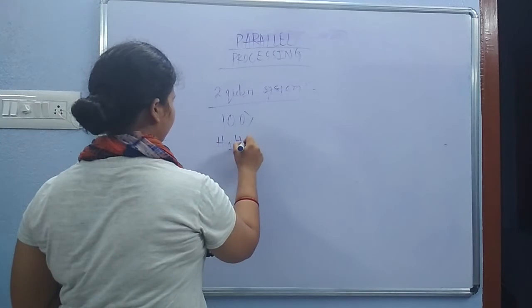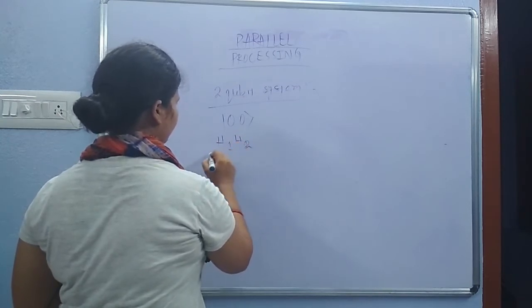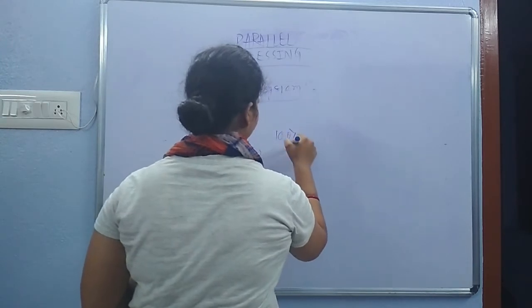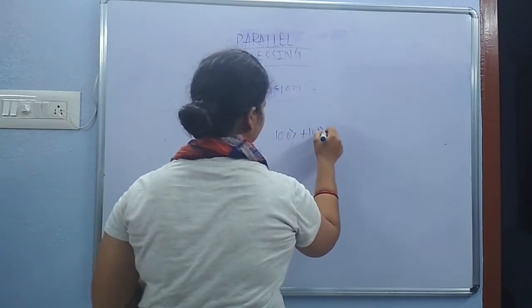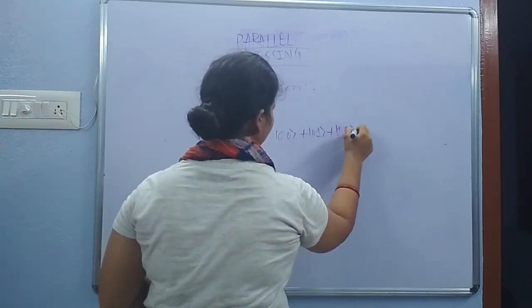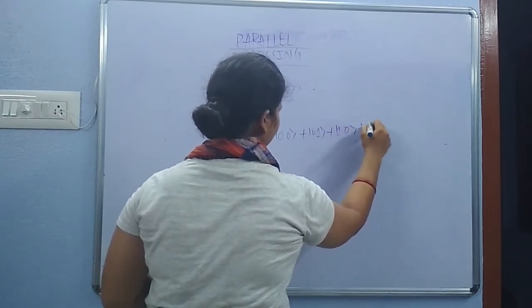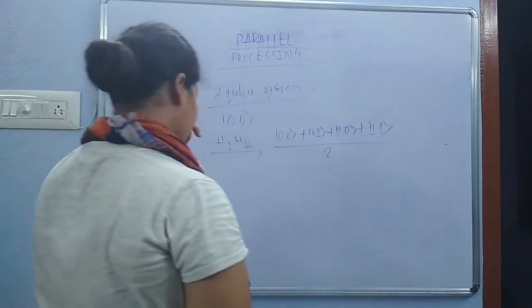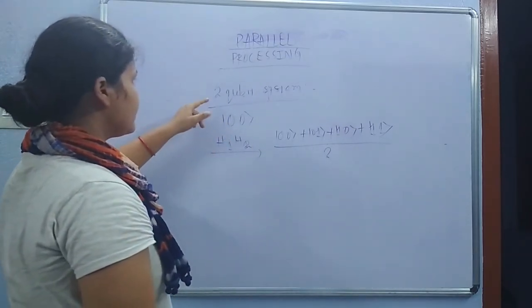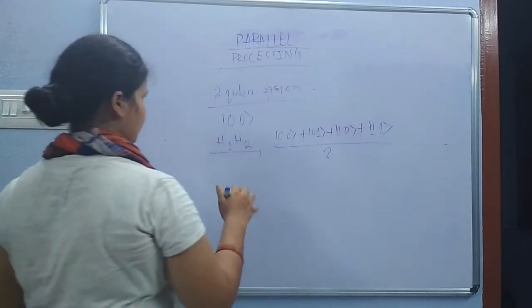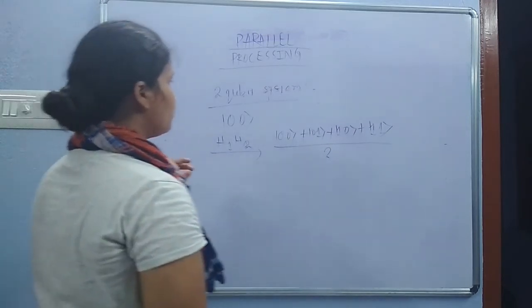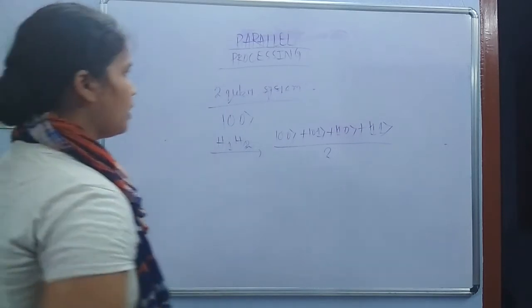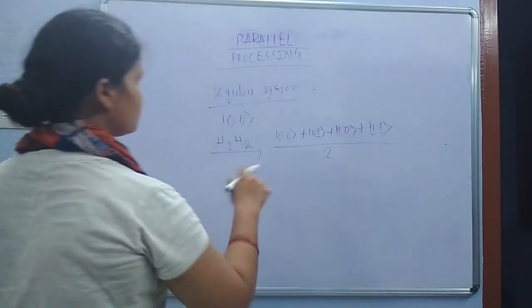Then Hadamard H1 H2 gives 0 0 plus 0 1 plus 1 0 plus 1 1 divided by 2. As it is a 2 qubit system, it gives four possible outcomes or states.